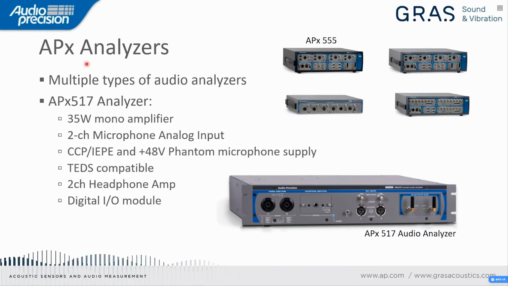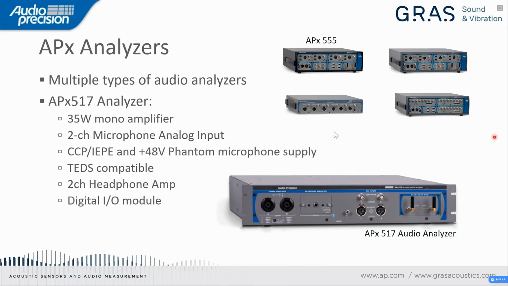We call them the APX analyzers. And APX analyzers, as you can see in these pictures over here, come in a large range of configurations, sometimes with more or fewer analog outputs and inputs, with or without digital inputs and outputs, with different performance with regard to the noise floor or the signal generator specifications.